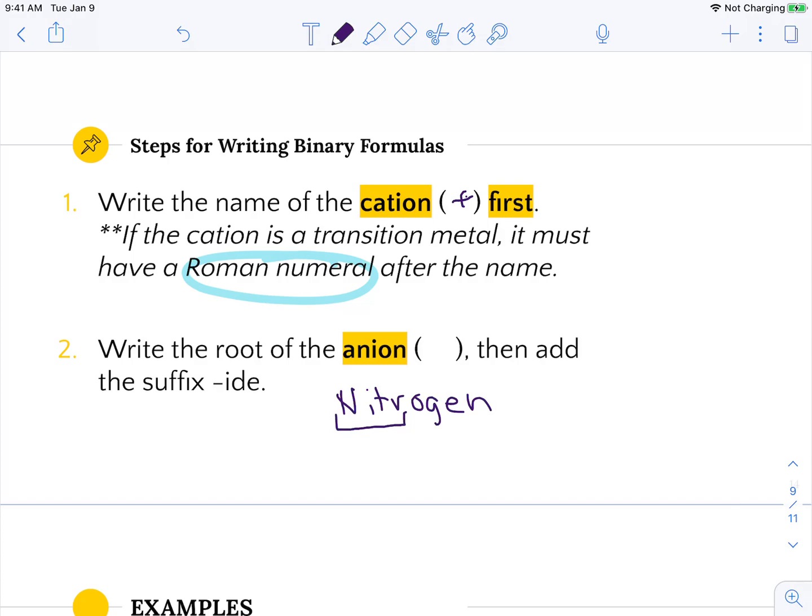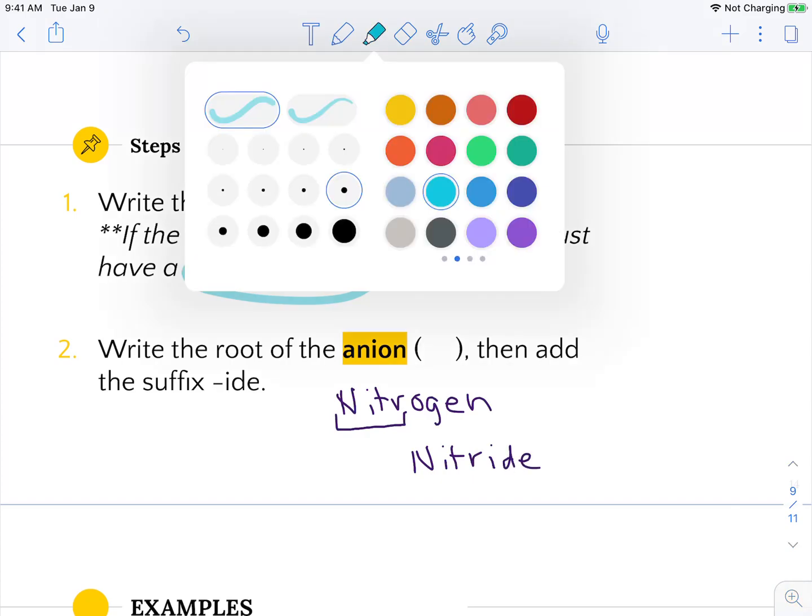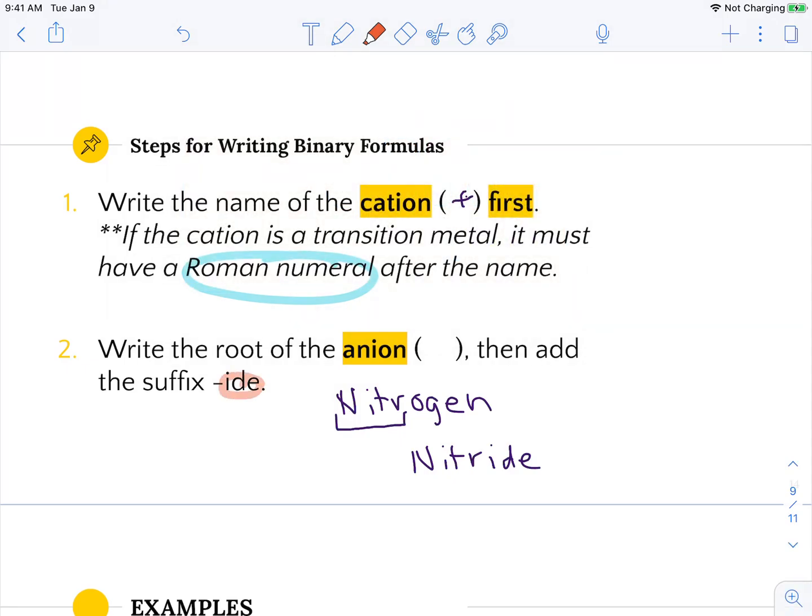Okay, so that's the root. So we would write the root like that, and then we would put the suffix "ide" in place for the rest of it. Like that. So the "ide" replaces the rest of the word.